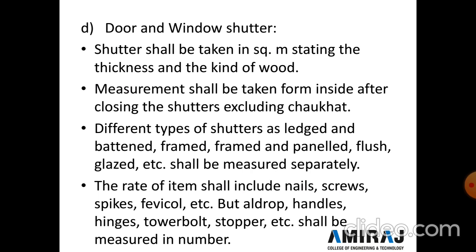Different types of shutters, such as ledge and batten, frame and panel, flush, gauge, etc. shall be measured separately. The rate of the item shall include nails, screws and spikes, fevicol, etc. But ultra handles and tower bolts, stoppers, etc. shall be measured in number or count.